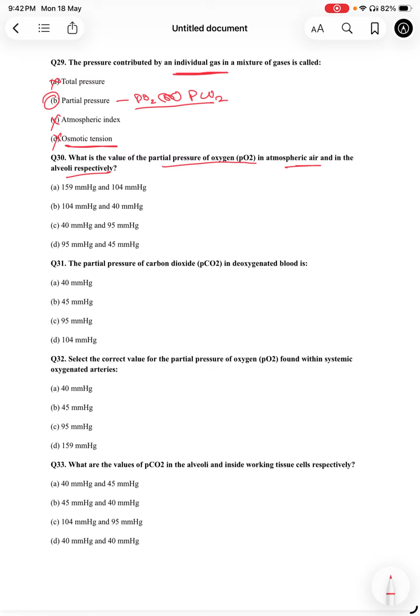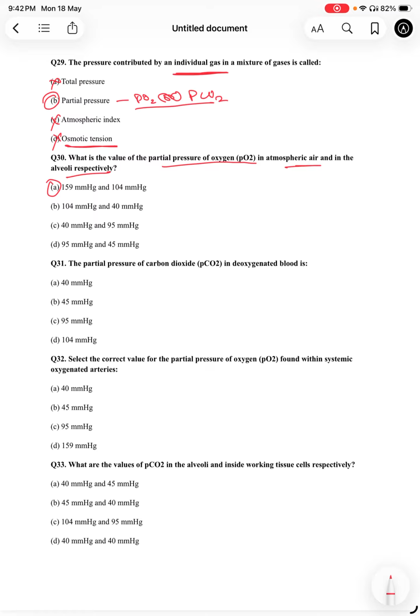In alveolar air it's 104, so if you know that, you can easily mark this answer, option A. Basically, in dry atmospheric air it is 159 mmHg, and in alveolar air it is 104 mmHg.